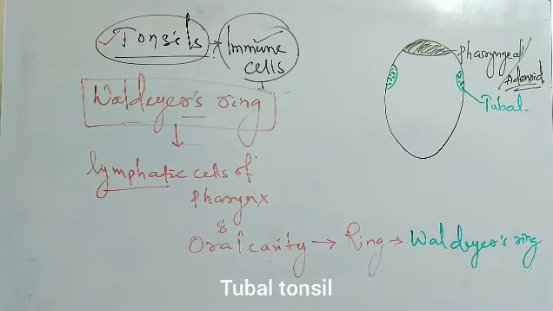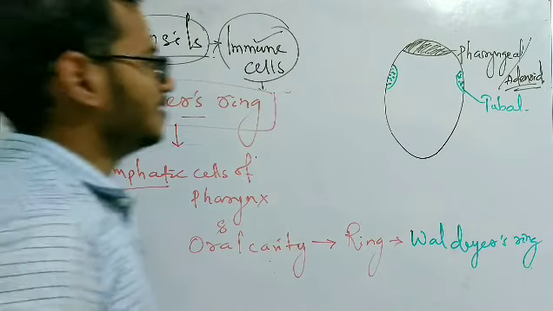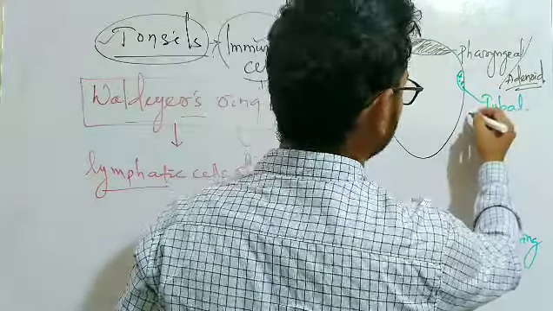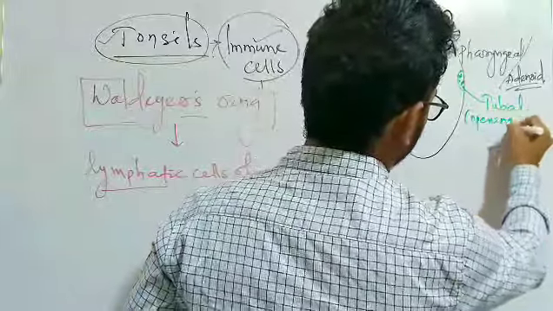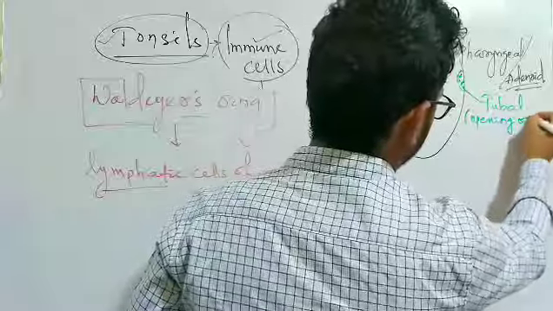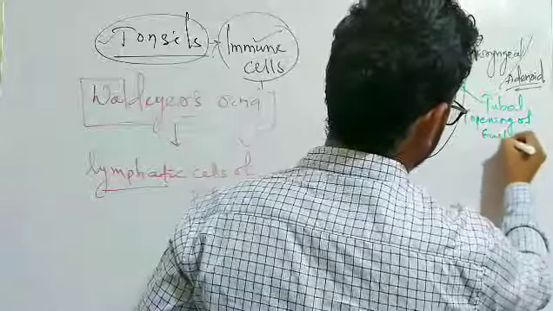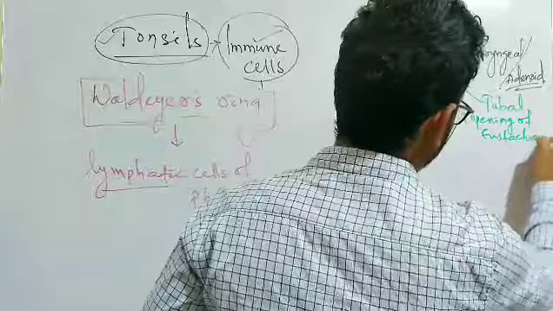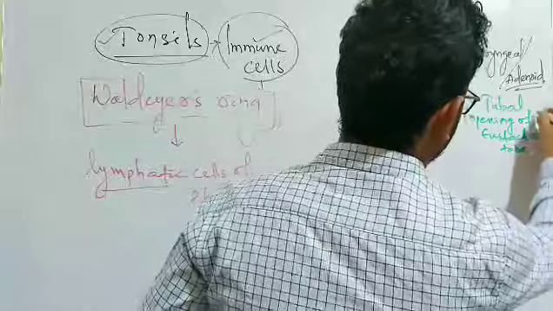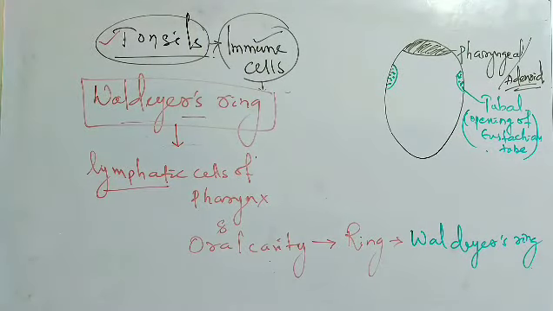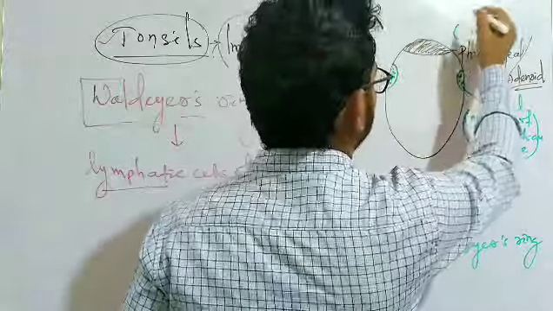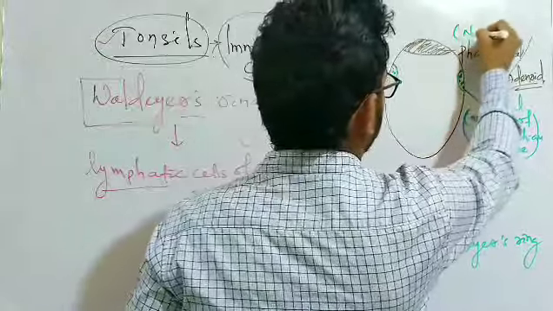They are present at the opening of the auditory tube or the eustachian tube. Their location is the opening of the eustachian tube. Likewise, the pharyngeal tonsil is located at the nasopharynx.